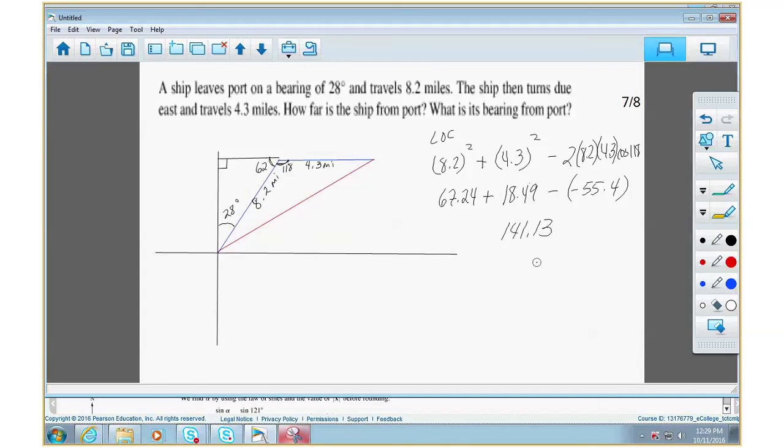And then take the square root of that. Yeah, and that's 11.88.